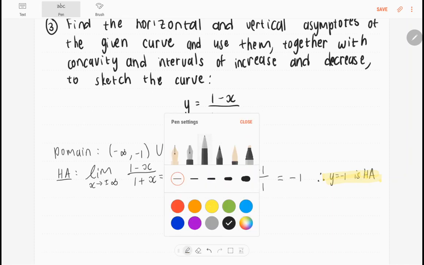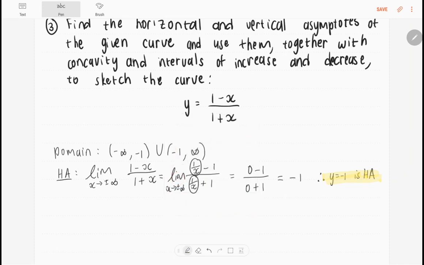Next, let's now look at our vertical asymptotes. So, as we said before, minus 1 is not included in the domain of this function because then we have our denominator equal to 0 and we can't have that. So, for the vertical asymptote, I'm going to say x equals minus 1 is a vertical asymptote.